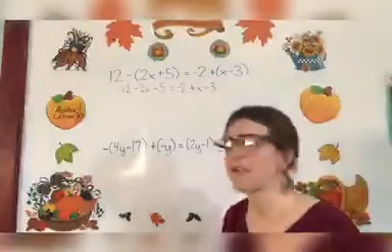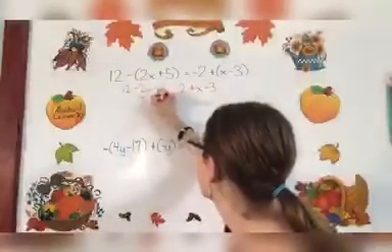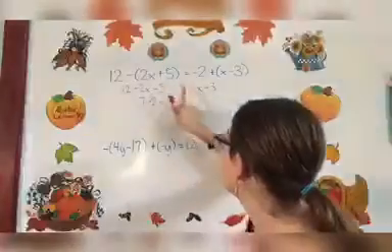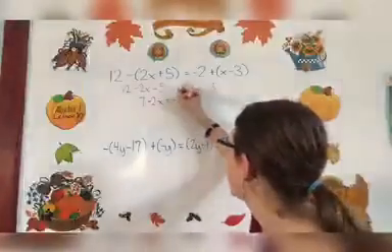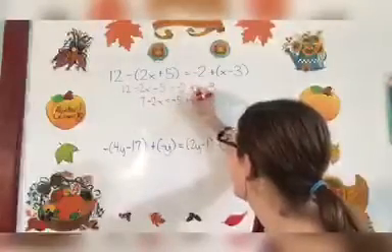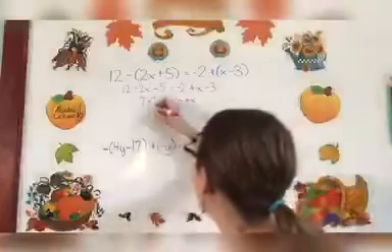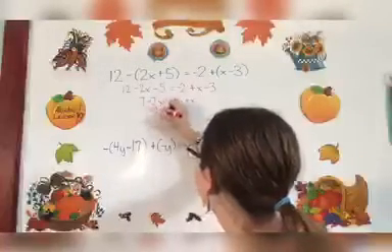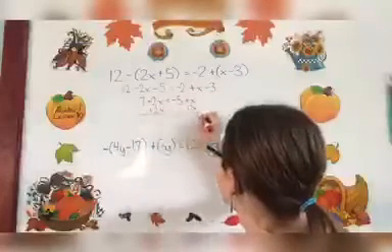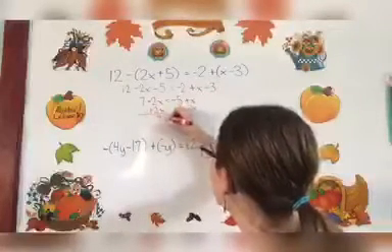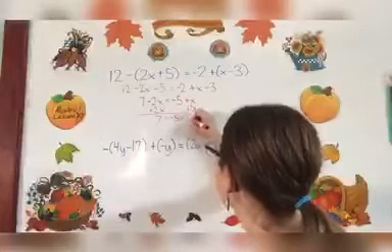Now I'm going to combine my like terms. 12 minus 5 is 7 minus 2x equals negative 2 minus 3. That's a negative 2 plus a negative 3, so that's negative 5 plus x. Okay, I'm going to add my 2x to both sides. That gives me 7 equals negative 5 plus 3x.